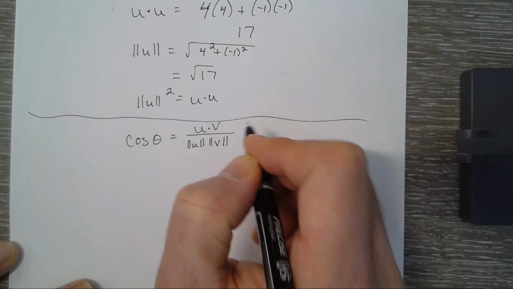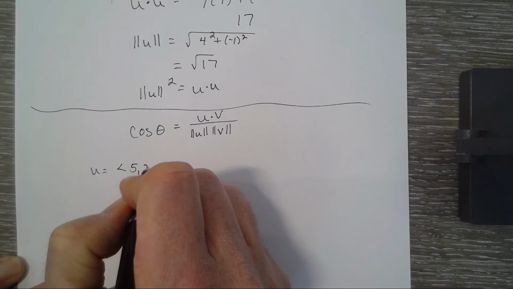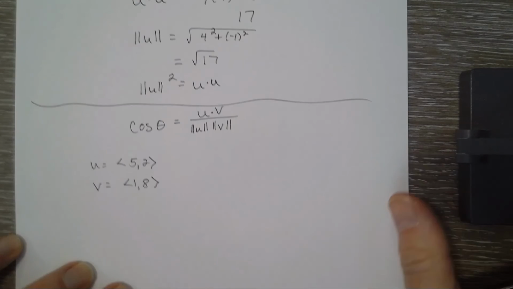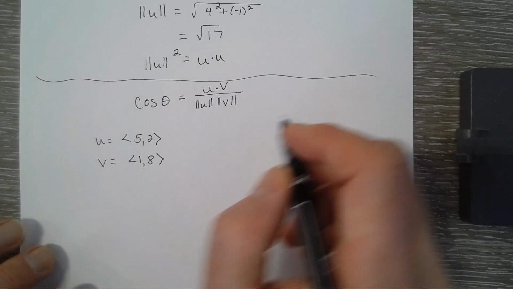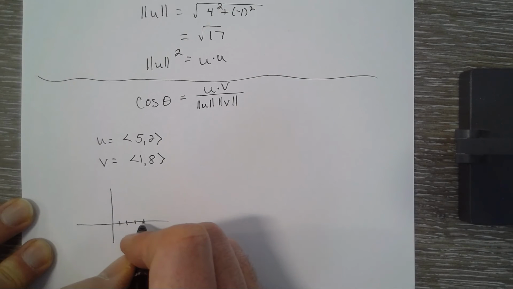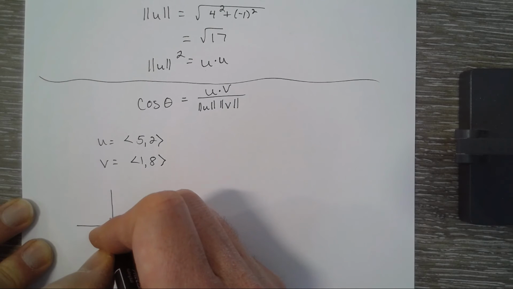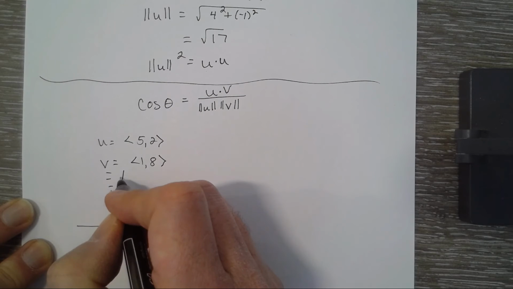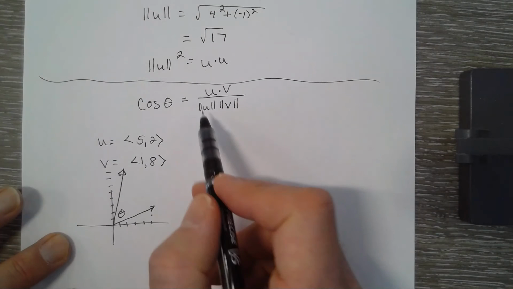So if I have u as 5, 2 and v is 1, 8, we can find the angle between them. Just to show a graphical representation: 5 over and 2 up, there's u, and 1 over, 8 up. If I wanted to know the angle between those two vectors, this is the formula.